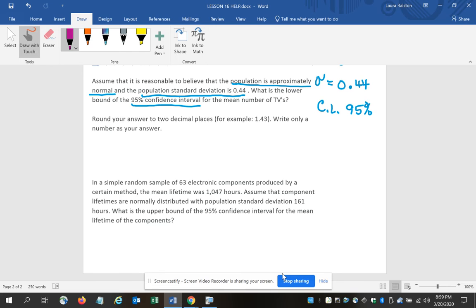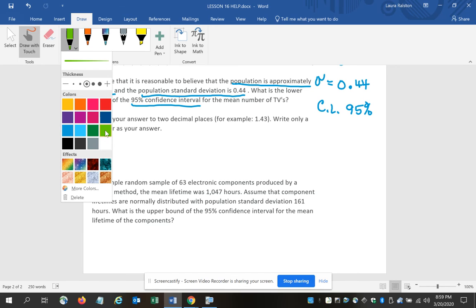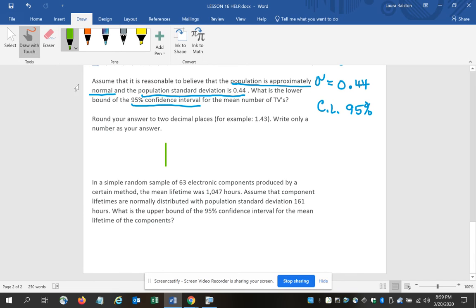Assume that the component lifetimes are normally distributed with a population standard deviation of 161 hours. What is the upper bound of the 95% confidence interval for the lifetime? Okay, so again, in this problem, it really gives me everything.